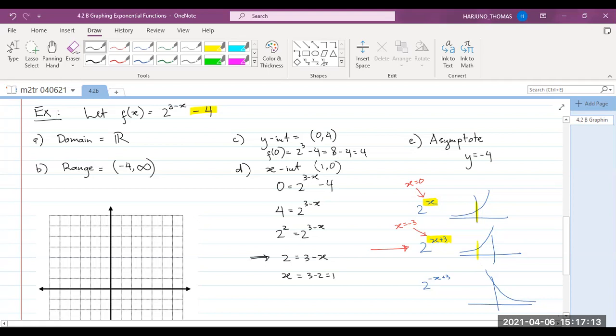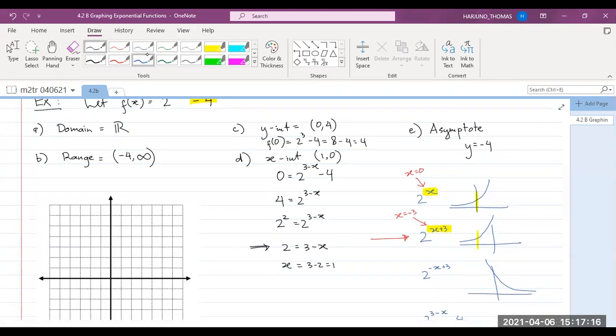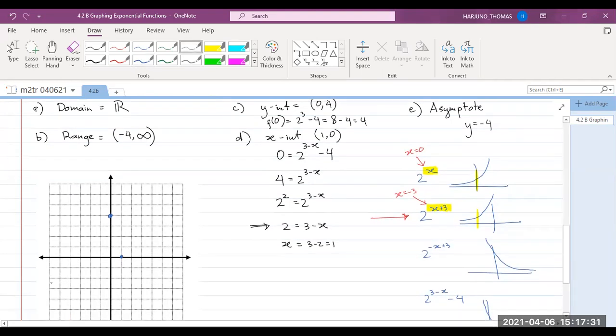Now, let's plot this graph using what we have here. The y-intercept is (0, 4). The x-intercept is (1, 0). And then the horizontal asymptote is y equals negative 4. Don't forget, we have 3 important coordinates to talk about. 2 to the x has these 3 important coordinates.